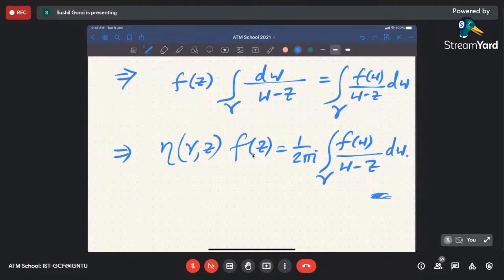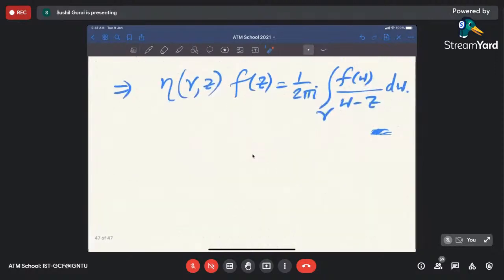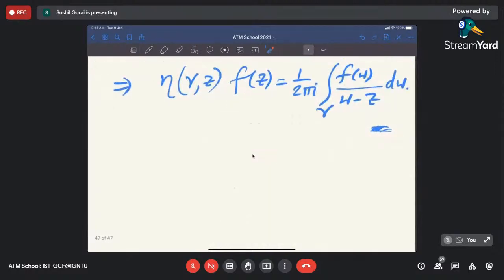Showing that having this one implies that f has a power series expansion. So this is a very nice application of Cauchy integral formula, and this is definitely crucial. Okay, so I will stop here, and you ask if you have a question.